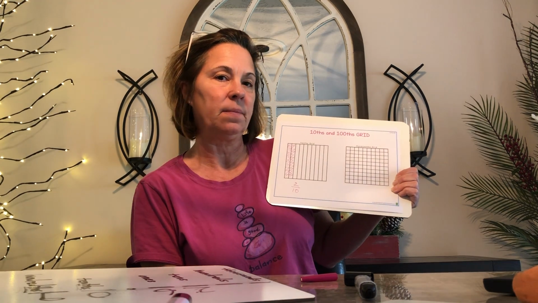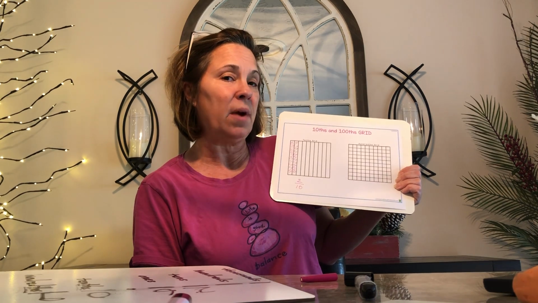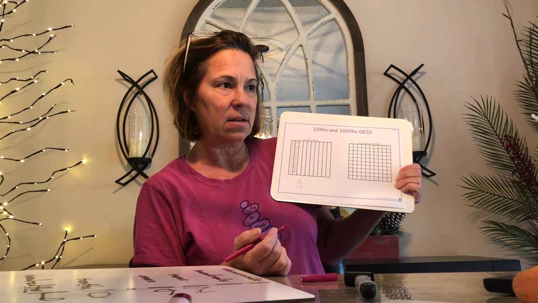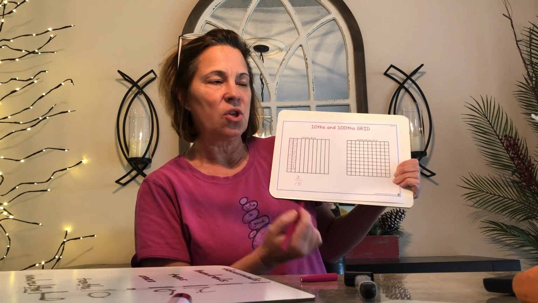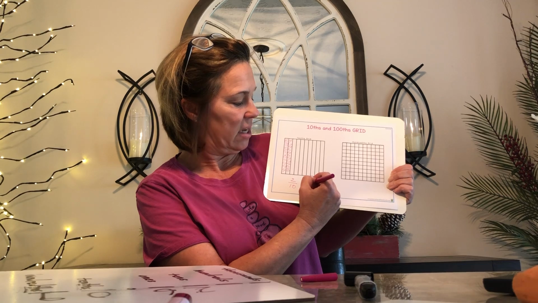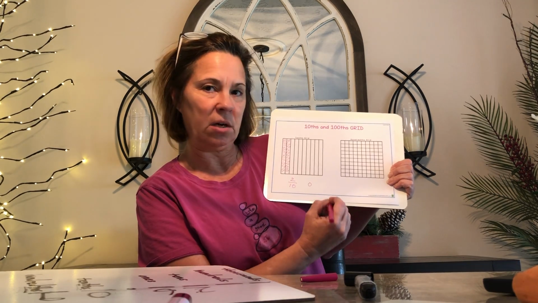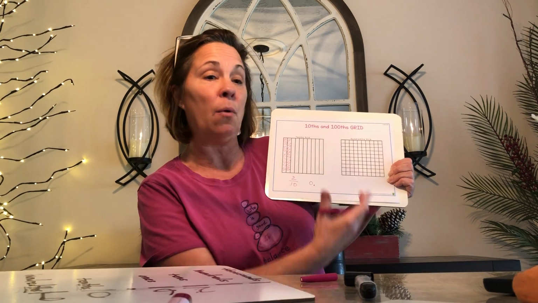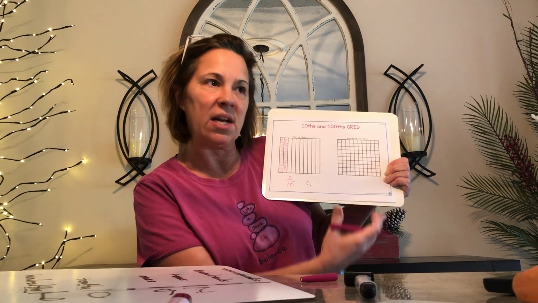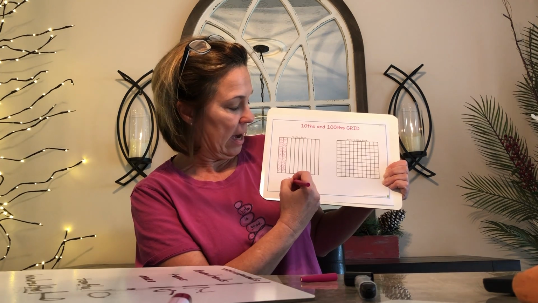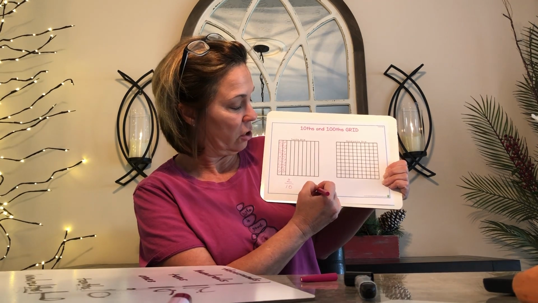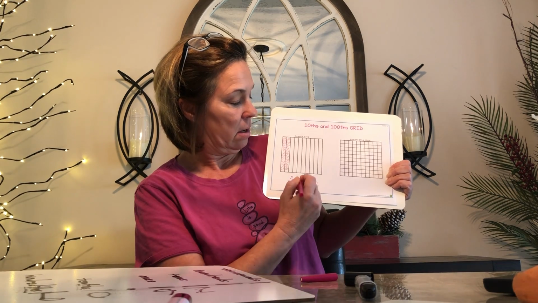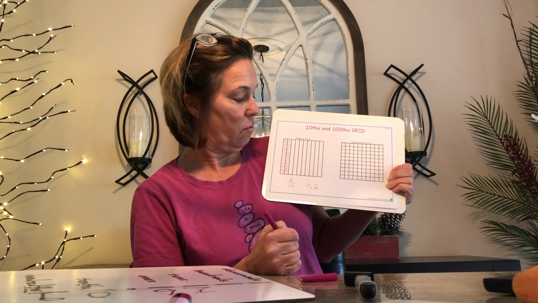If I was going to write that as a decimal, you have to think about it. Where's the tenths place? I'm saying 2 tenths, so as a decimal, there are no wholes, so I'm going to put a 0 for my whole number. My decimal point shows that now I'm in my fractional part of a whole, and I have 2 tenths. So that first little place there is your tenths. That's where I'm going to put my 2. 2 tenths is how you write it as a decimal.